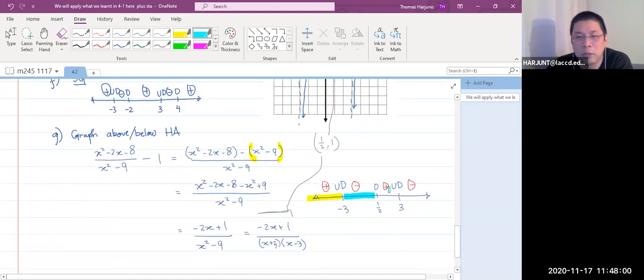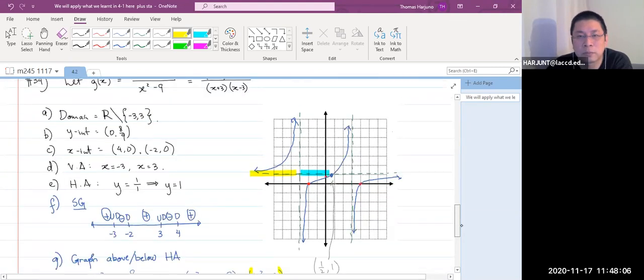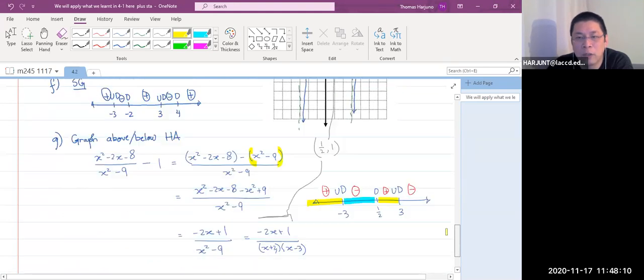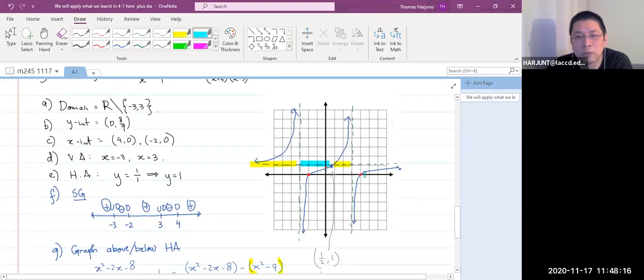Between 1/2 and 3, that will be above the horizontal asymptote. And between 3 and infinity, it will be below the horizontal asymptote. Okay, so that's how we do the analysis.